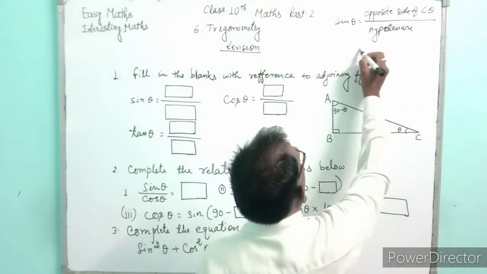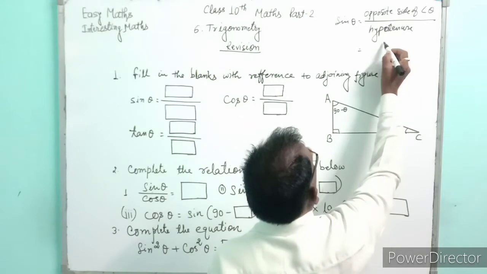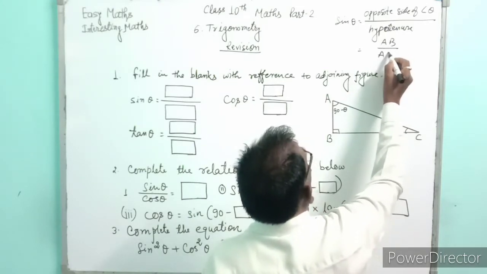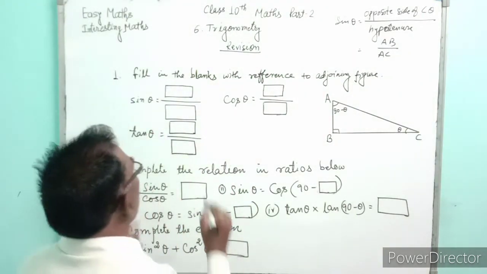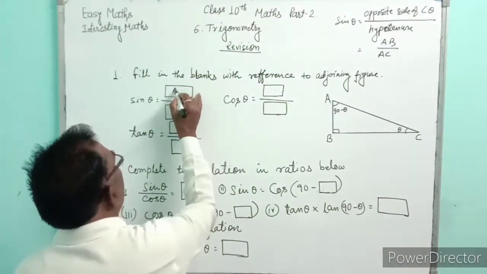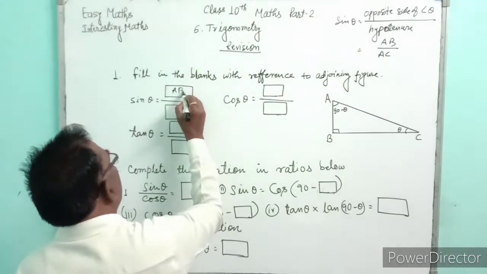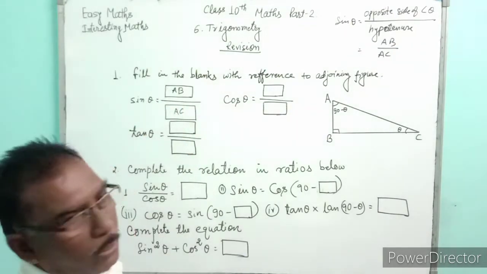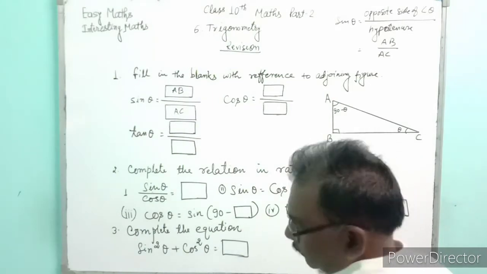Therefore, sin theta is equal to the opposite side of angle theta, that is AB, divided by hypotenuse AC. Therefore, sin theta is equal to AB by AC.